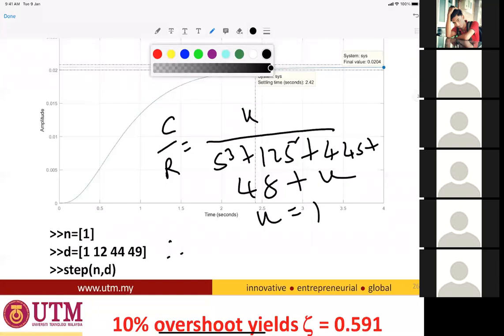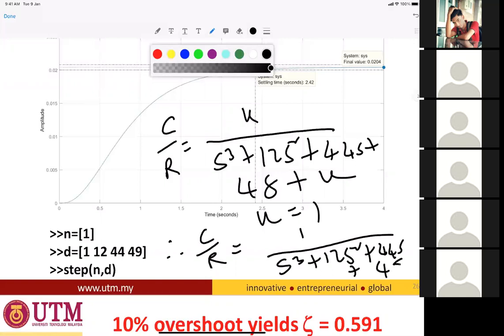So it will be C over R equals 1 over S cubic plus 12S square plus 44S plus 49.